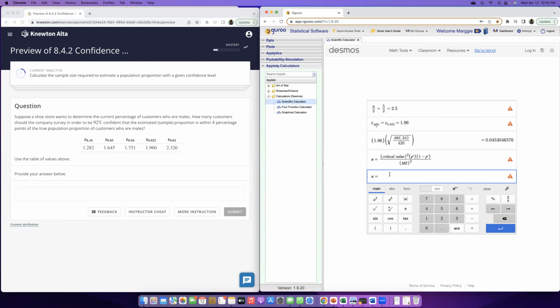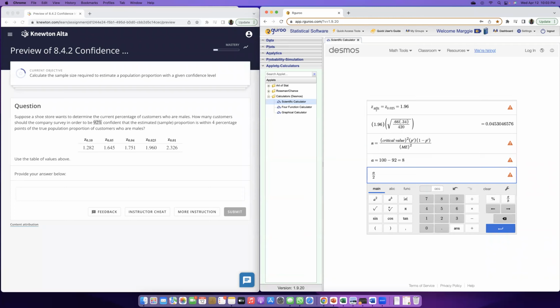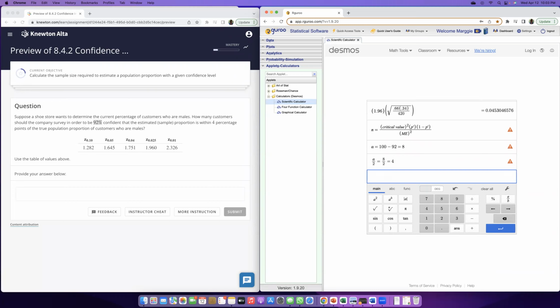So let's talk about that critical point, because the critical point depends upon the alpha. So alpha is 100 minus the confidence level, which in this case is 92, right? So 100 minus 92 is going to be 8%. Then when we do alpha over 2, we do 8 over 2, which is 4. So again, remember this is a 4%.